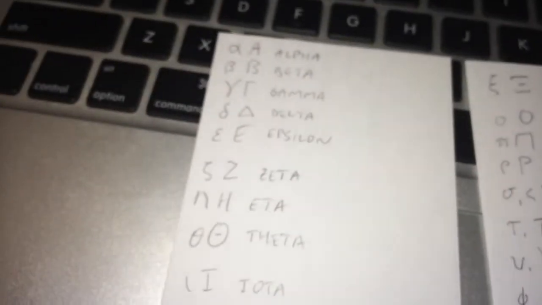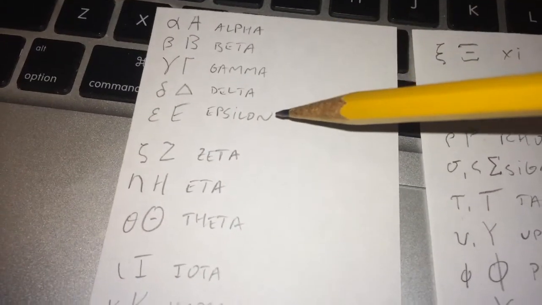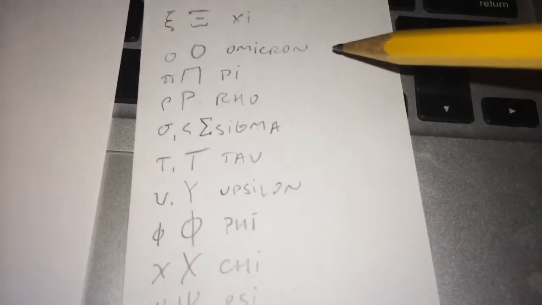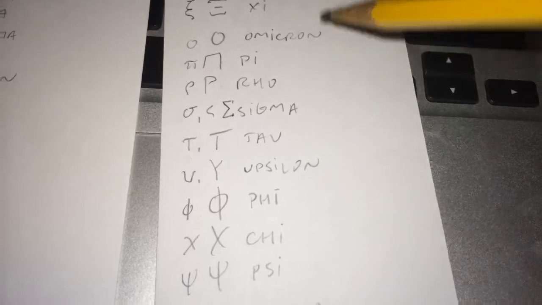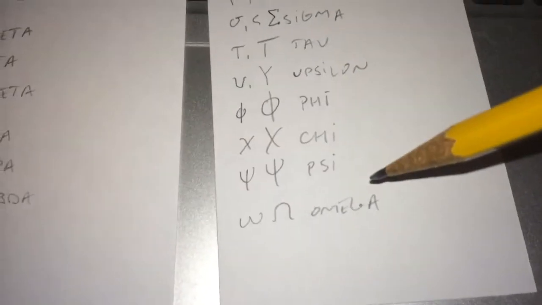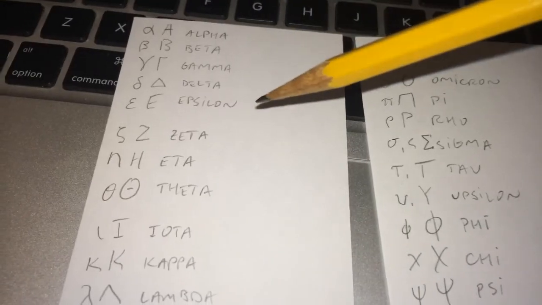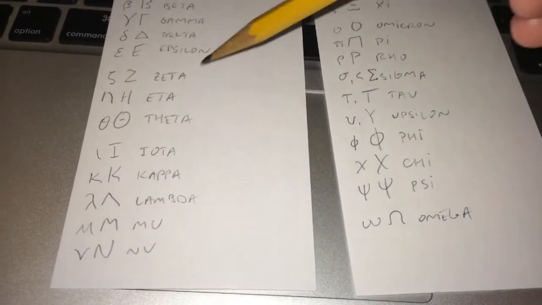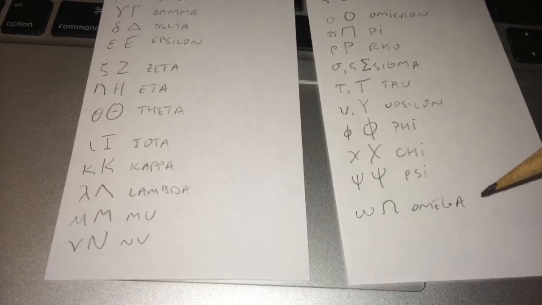Next, let's talk about vowels, diphthongs, and breathing marks. The 7 Greek vowels are alpha, epsilon, eta, iota, omicron, upsilon, and omega. Epsilon and omicron are always short. Their counterparts, eta and omega, are always long.